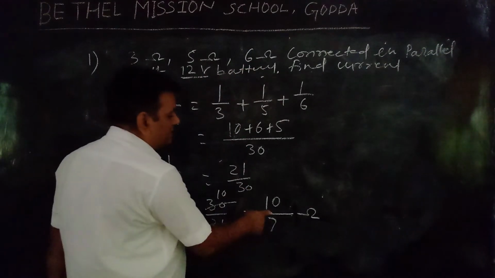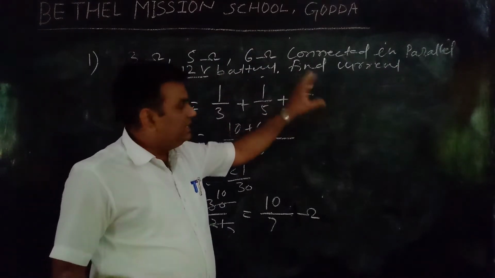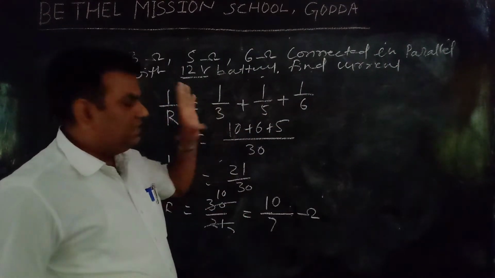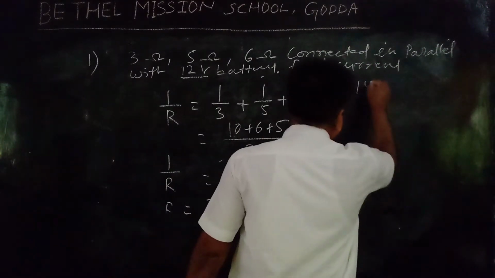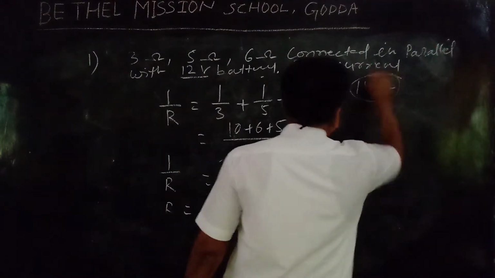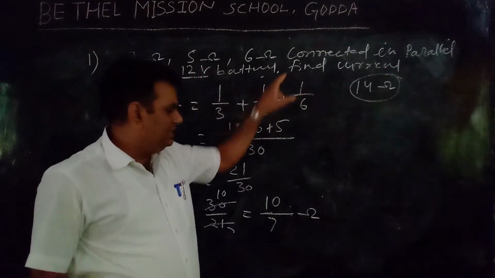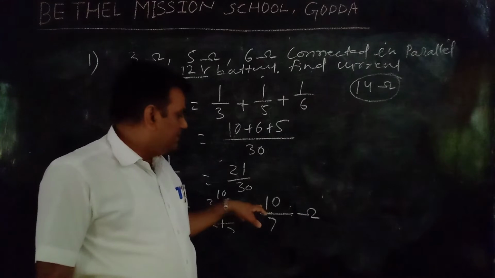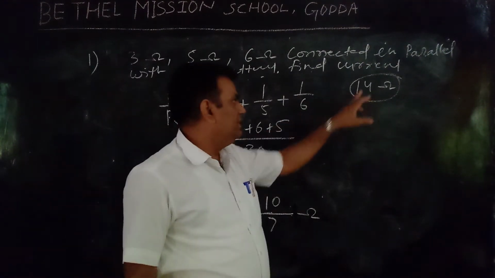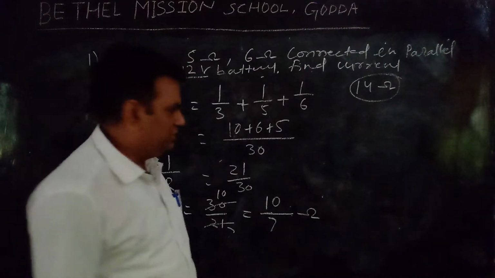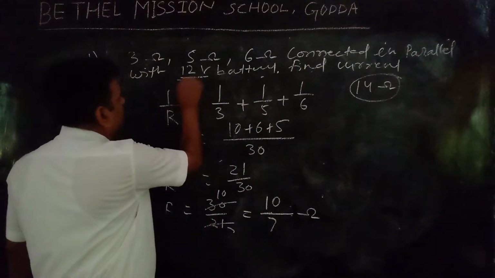So here we can see the advantage of the parallel combination. In series combination, the total resistance was 14 ohm. But when the same appliances are connected in parallel, the value becomes 10 by 7, which is very small in comparison to the series combination. Now we have resistance and potential difference.